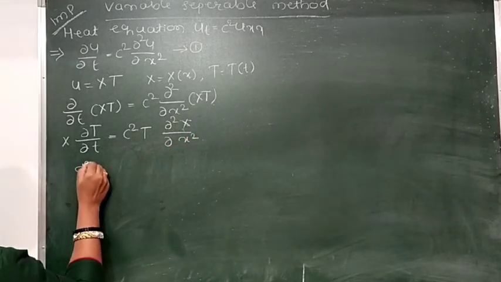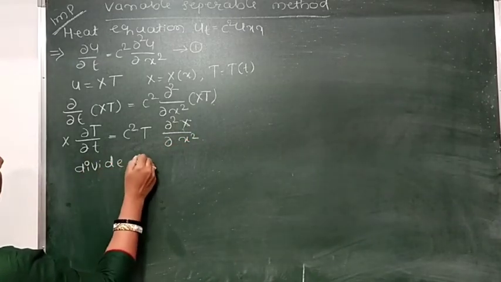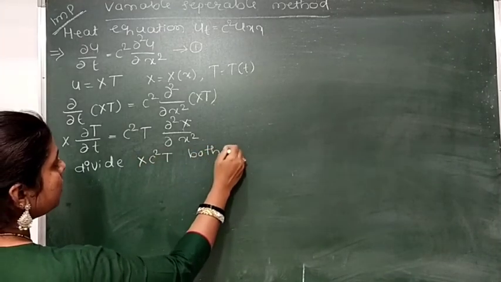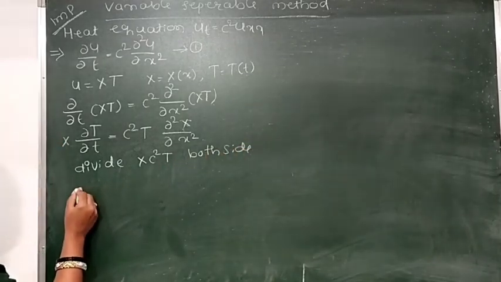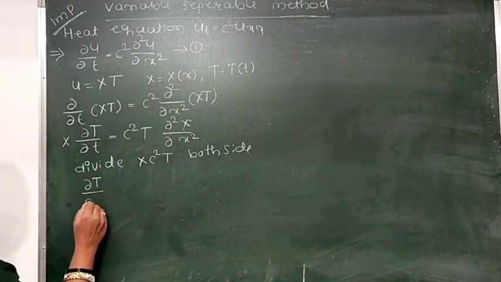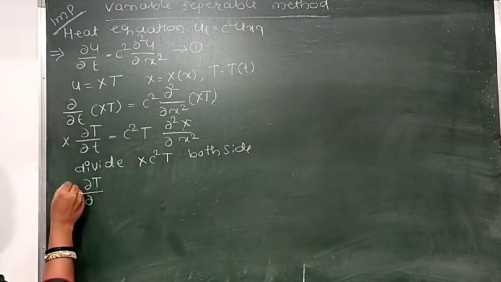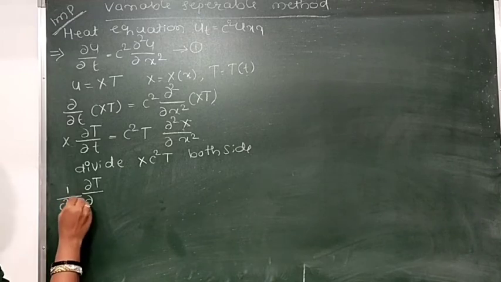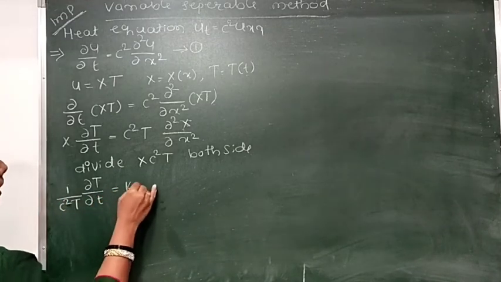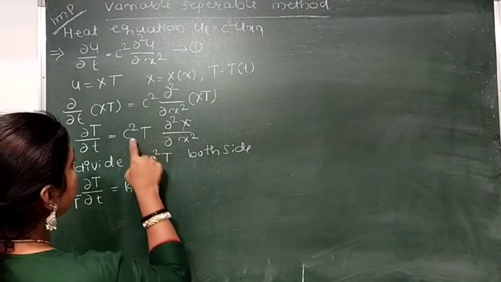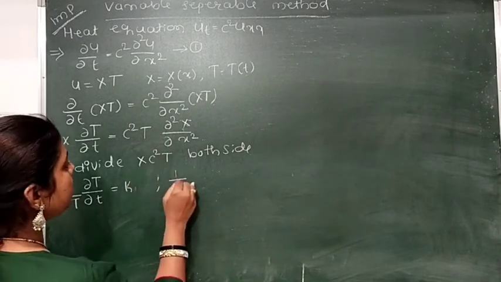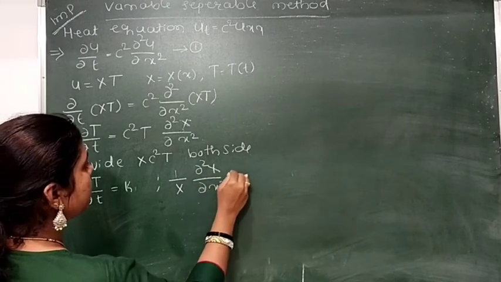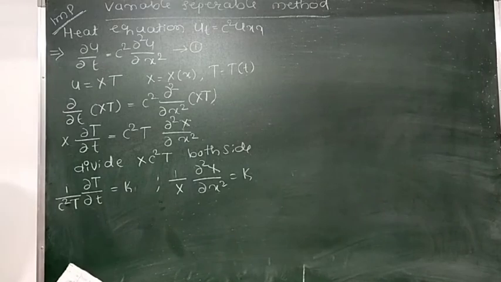Now divide both sides by X c² T and equate with a constant k. Here, dividing, the X gets cancelled and we get (1/(c²T)) ∂T/∂t = k, and in the second one c² T gets cancelled, giving (1/X) ∂²X/∂x², which we call k separately.